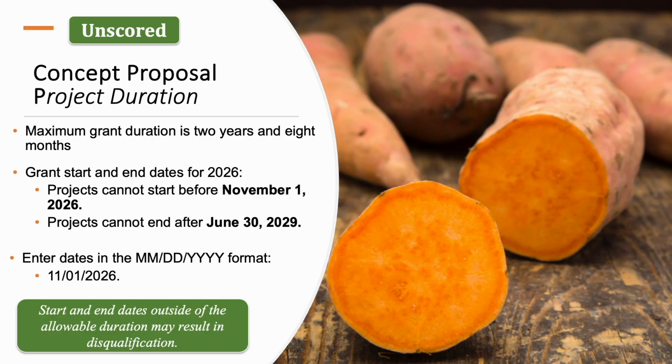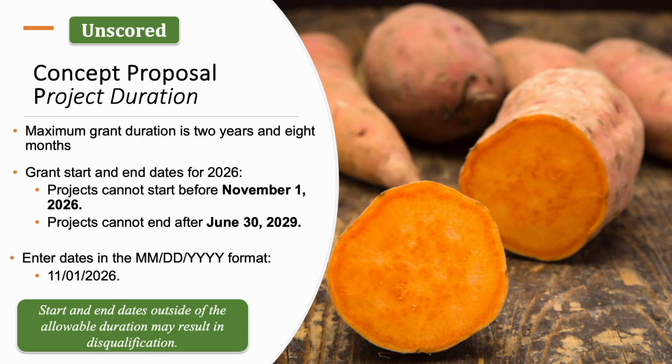Project duration is next. The maximum grant duration for SCGP projects is 2 years and 8 months. Projects cannot start before November 1st, 2026 or end after June 30th, 2029. Any dates outside of this range may result in disqualification.